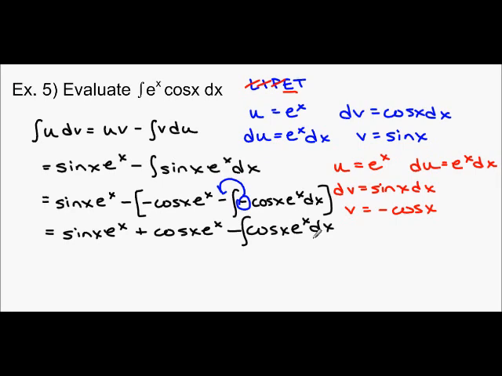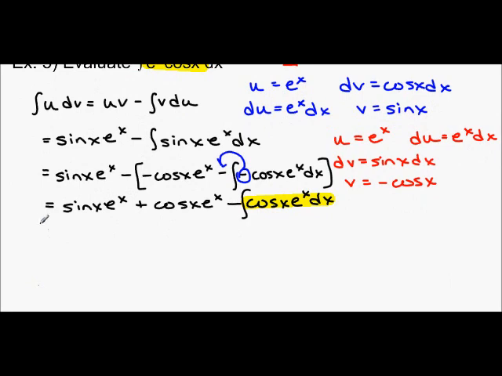There we go. Okay. And you'll notice that this integral up top is the same as this integral right here. So let me rewrite this so you can see the whole equation.